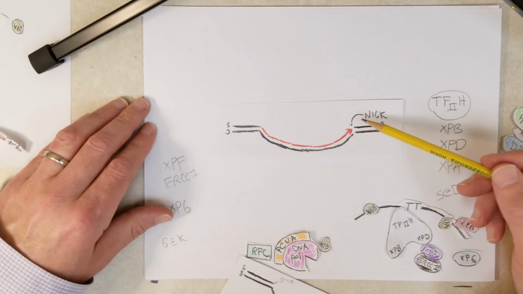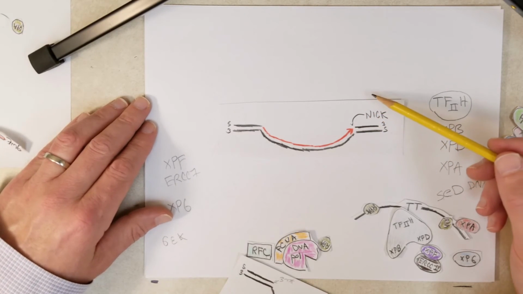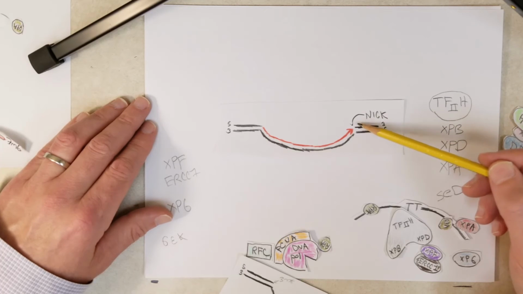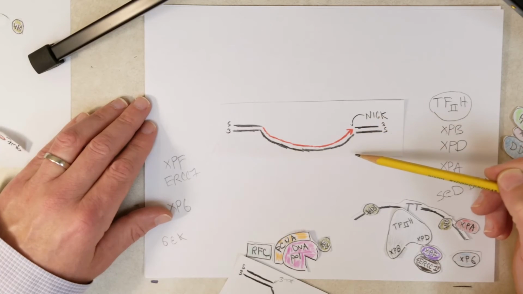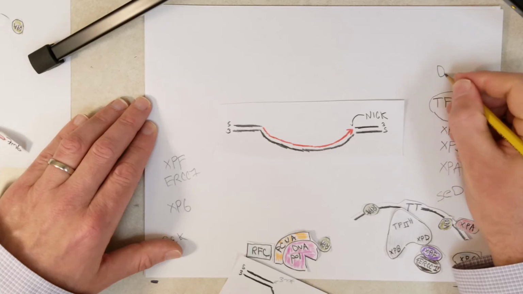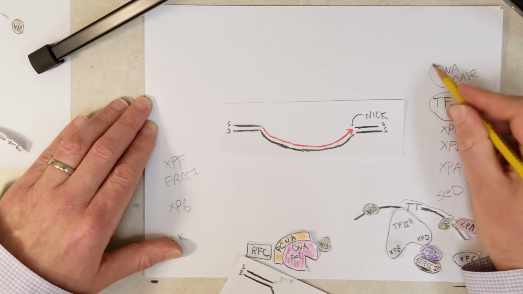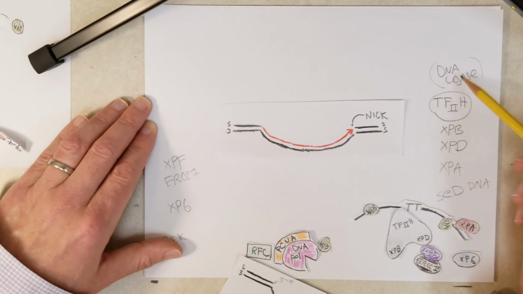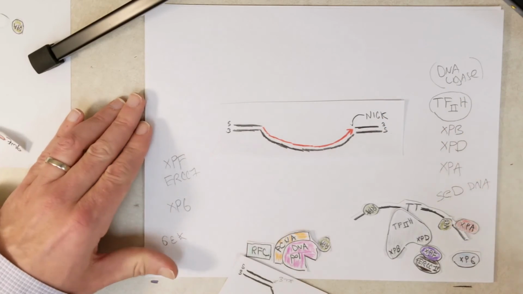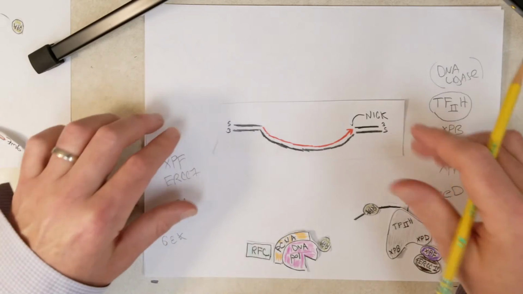I didn't even make a little shape for the next enzyme that's going to seal this nick, because I know you guys already know what does that. So DNA ligase. One of the DNA ligases in the eukaryotic cell will come in and seal that nick.